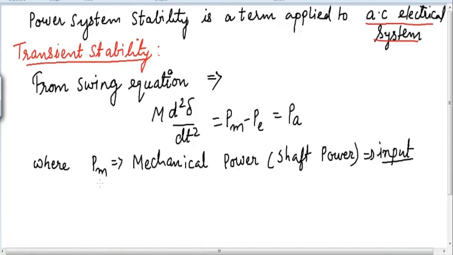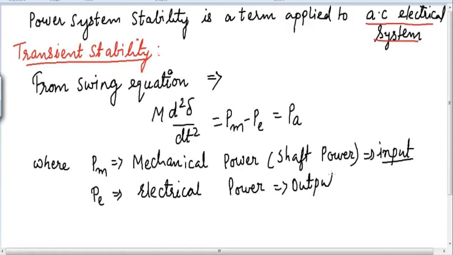Then the generator converts this input power to the output electrical power. So Pe is the electrical power, which is generally the output. And the difference between Pm and Pe is actually Pa.